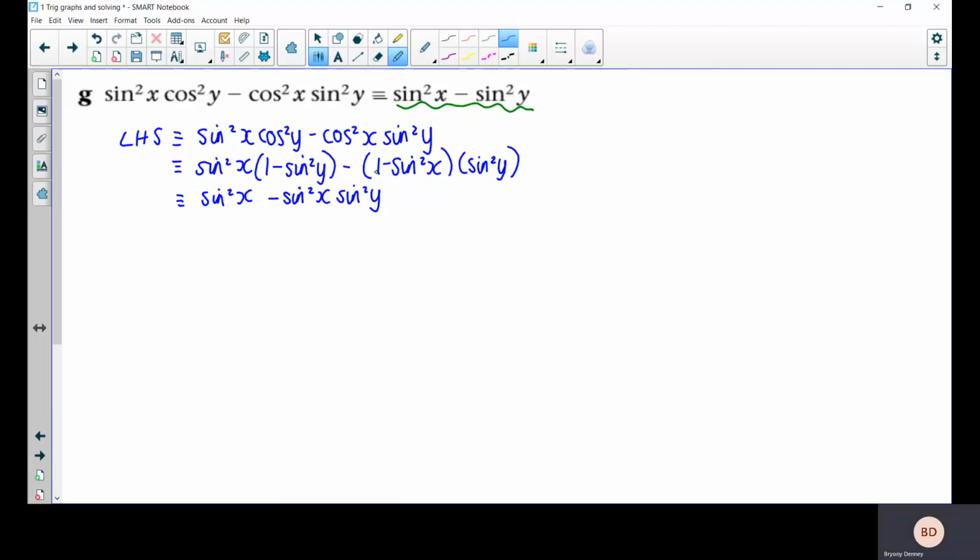Then I'm going to have, now if this is going to be too complicated, I could write the sine squared y and the minus 1 together, and then the other bracket like that. Remember, everything's being multiplied here, here, and here. So if I do it this way, I'm going to be getting minus sine squared y when I multiply it with the 1, and then I'm going to have a plus sine squared y sine squared x.